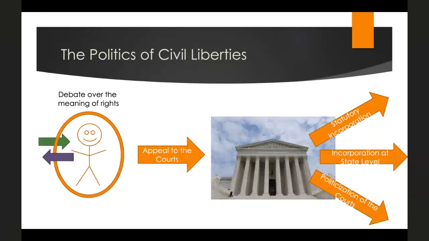And you also have, like what we talked about two weeks ago, the politicization of the courts. This can be anything from, oh, the courts have made rulings that we don't like, so I'm going to try to elect a president who's going to appoint justices to the federal judiciary that agree with me more, right? And so the courts are often a political question here.